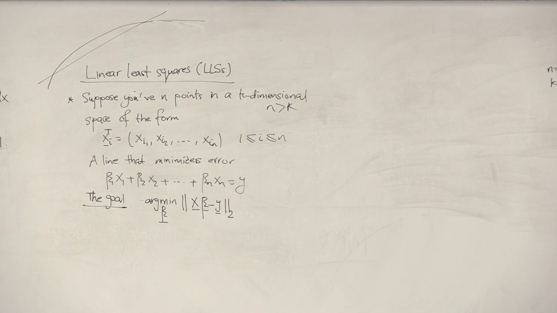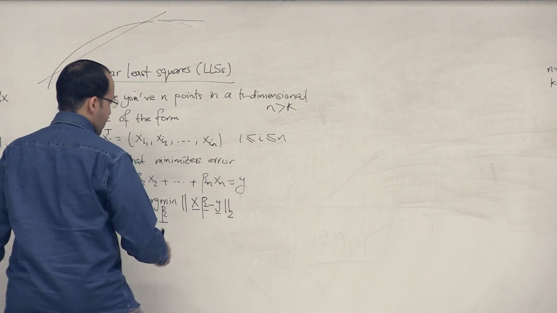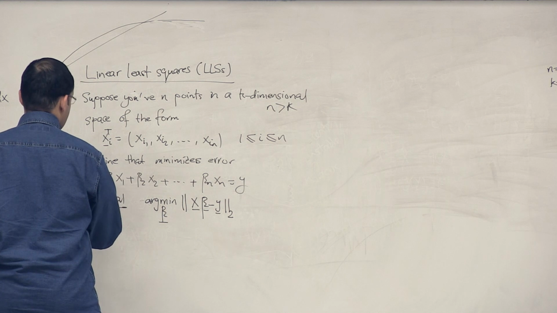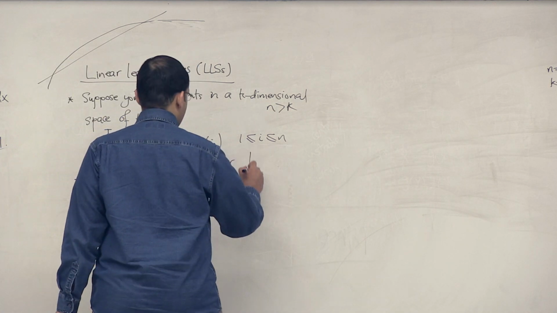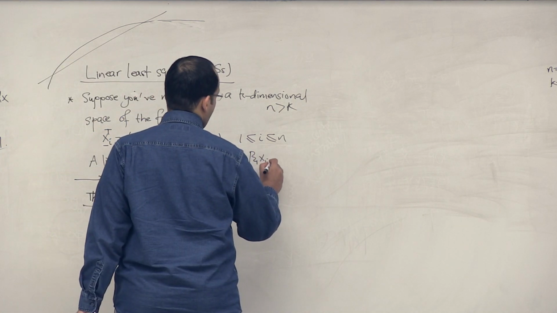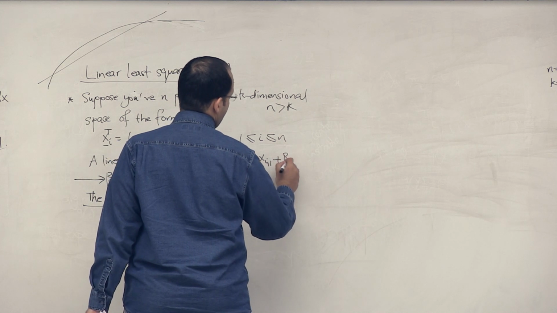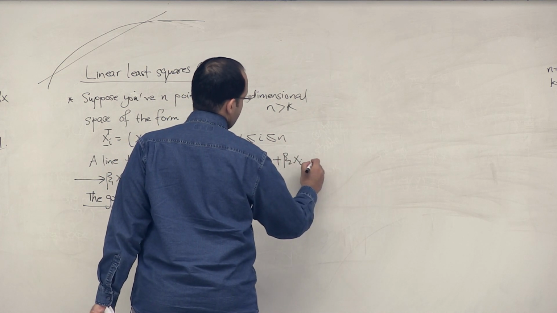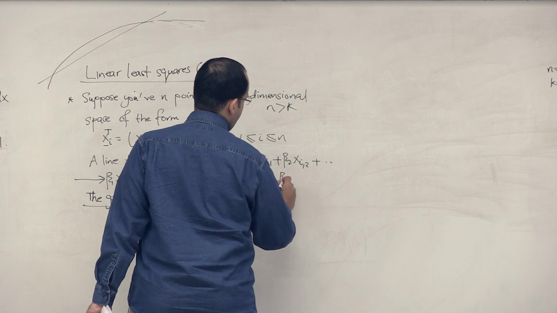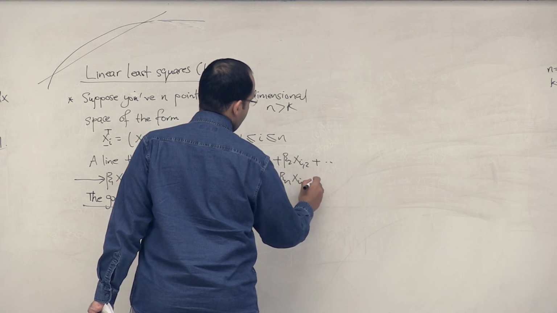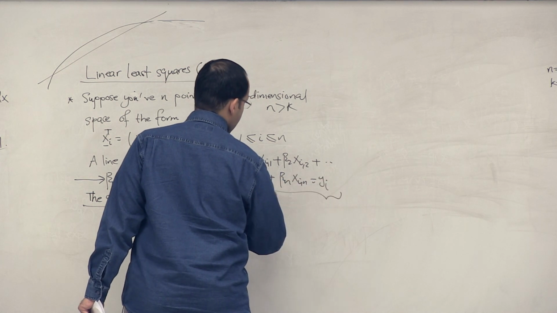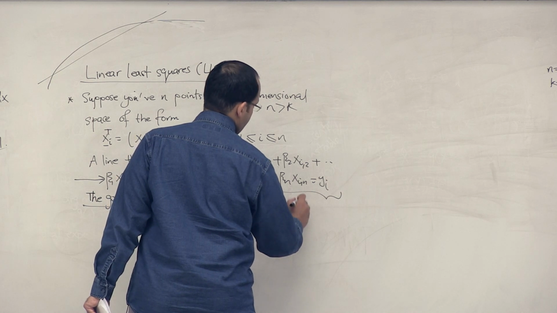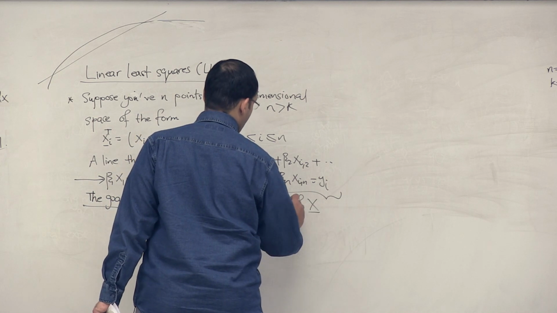All right? What is the matrix X? So here, when you look at this data point, if you have it written as beta 1 x_i1 plus beta 2 x_i2 dot dot dot plus beta n x_in equals y_i, this is a row of the matrix X, row i.